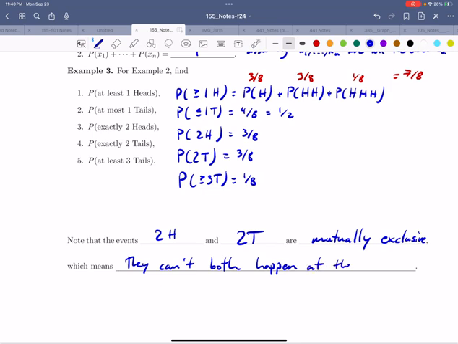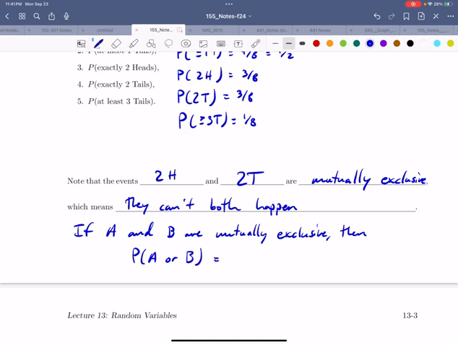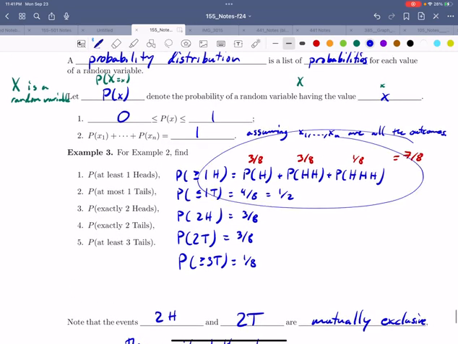You can't get 2 heads and 2 tails in this experiment. So in general, if A and B are mutually exclusive, then the probability of A or B equals the probability of A plus the probability of B. This works only if they're mutually exclusive. That's what we did up here.